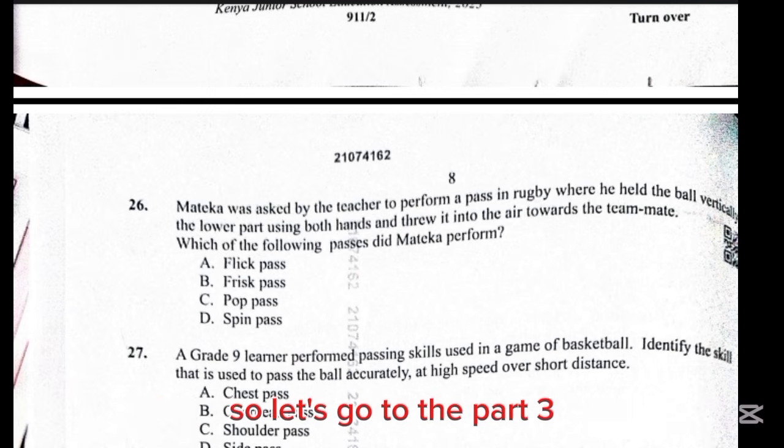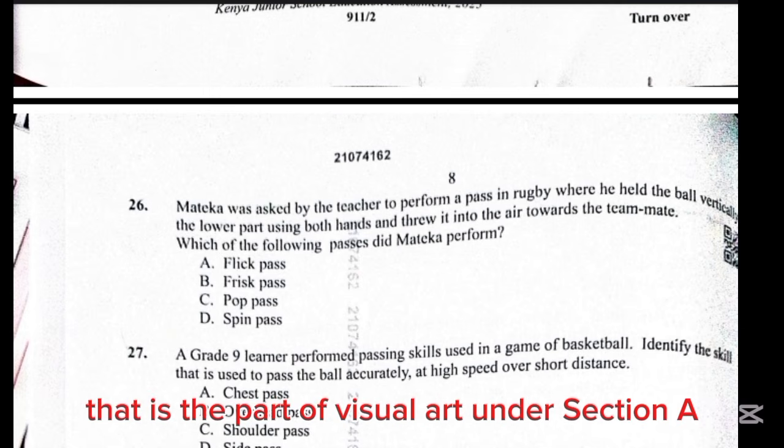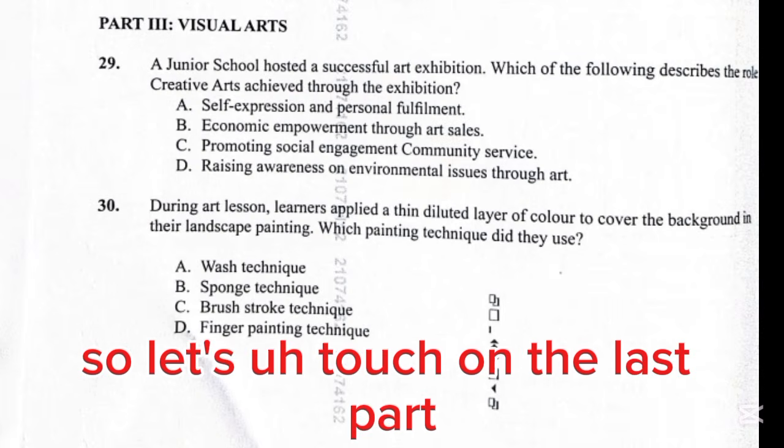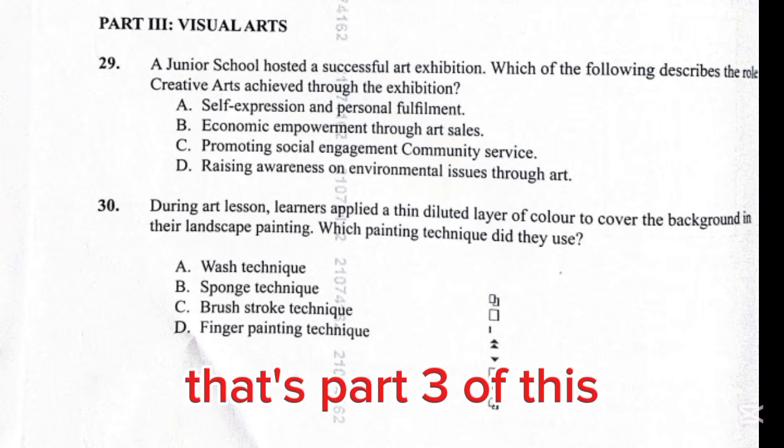So let's go to the part 3, that's the part of visual art under section A. So let's touch on the last part, that's part 3 of this KJSEA paper, visual arts.